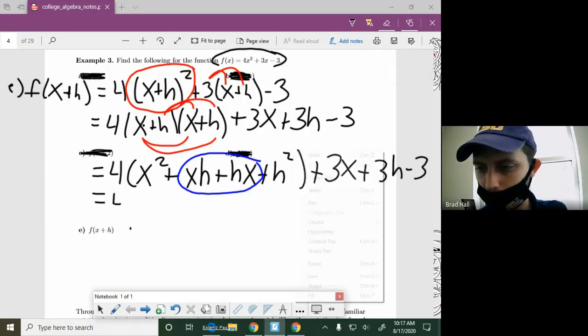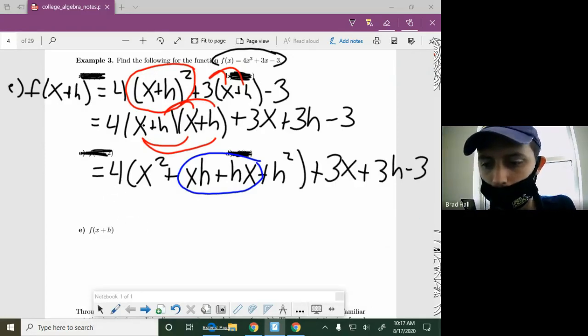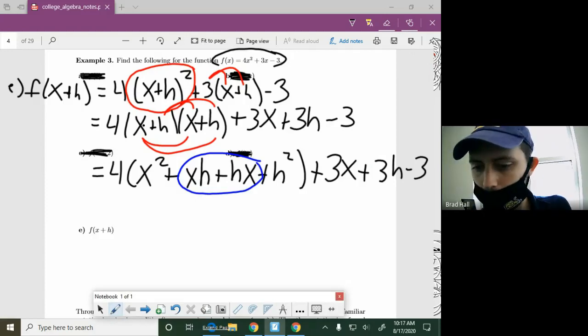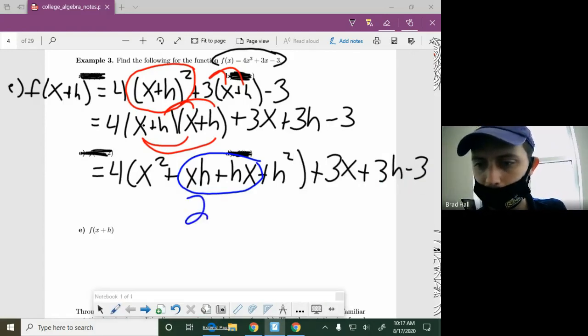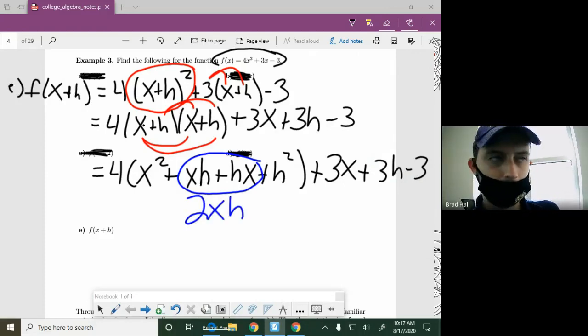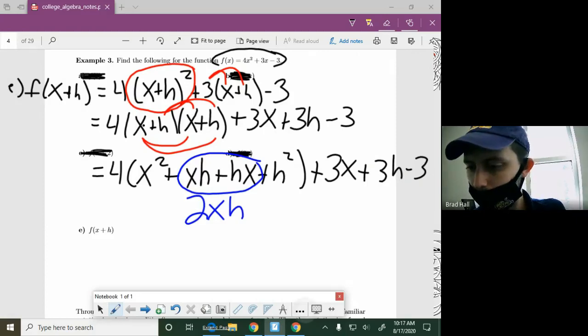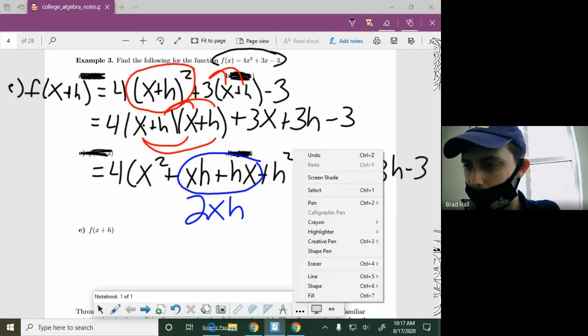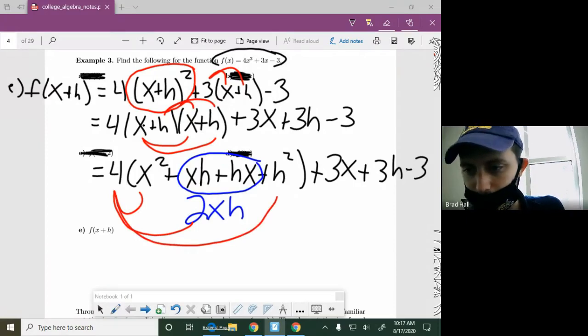Actually, I'm going to be a bit lazy here. So let's see. Blue, this is 2xh. So now I don't have to write all that out again. And now we can distribute the 4 to the x squared, to the 2xh, and to the h squared.